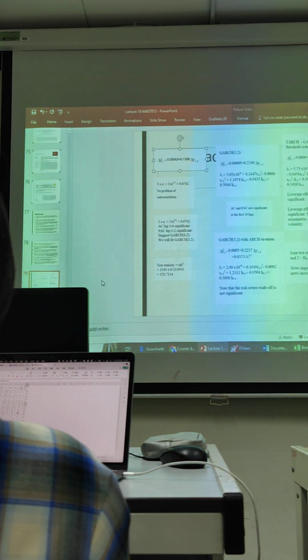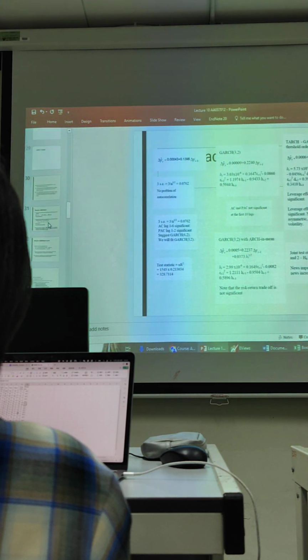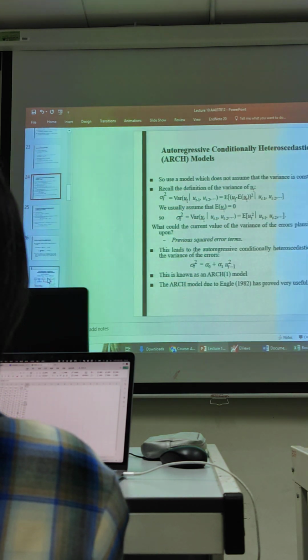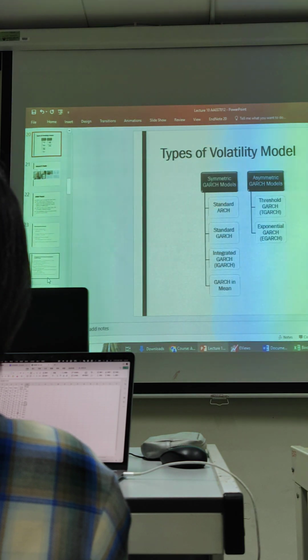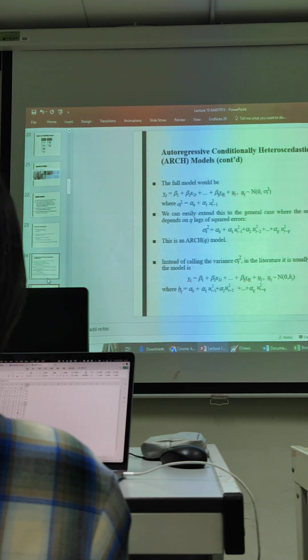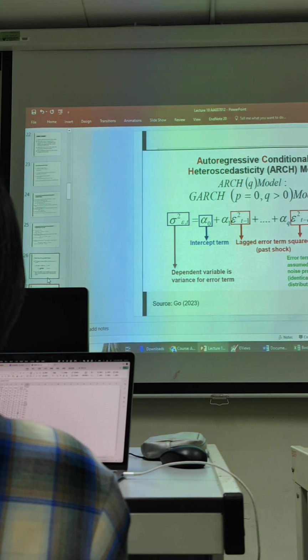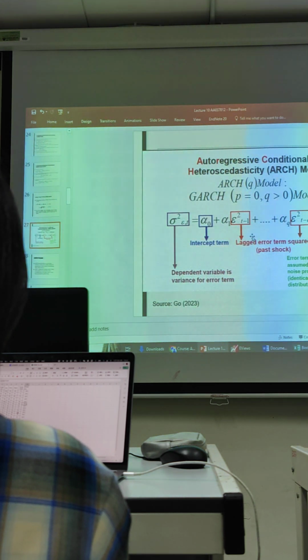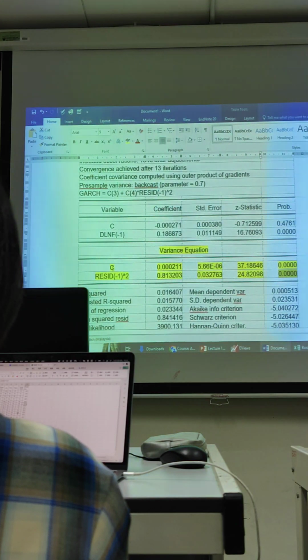So let's see how we can explain this term, right? So this is the ARCH. This is a dependent variable, the variance for the error terms. And my intercept is this one, my constant, and my residual power of 2 lag 1 period.